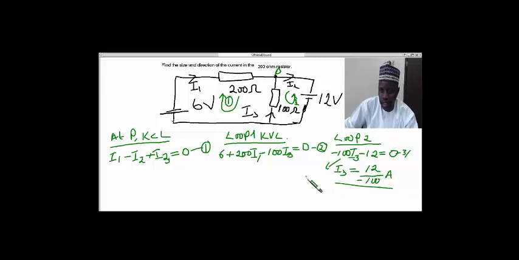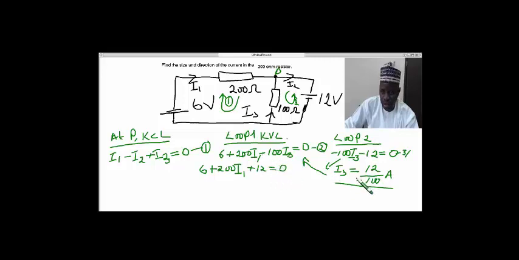Putting I3 into equation 2, I'm going to have 6 plus 200 I1, minus, so this minus and this minus will cancel, 100 will cancel 100, so I'm going to have plus 12 here, equals to 0.